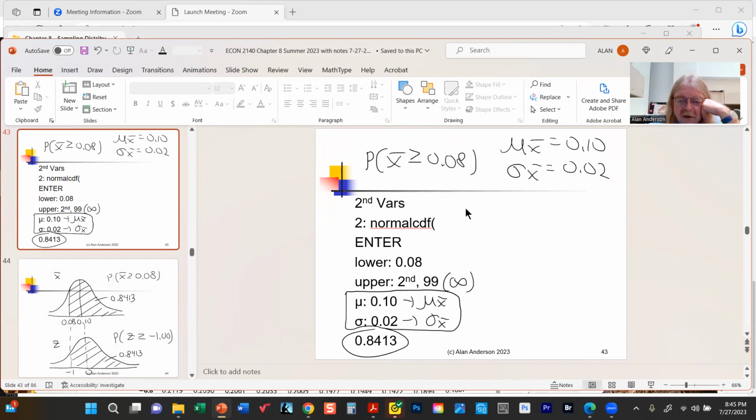You're still calculating a normal probability. And here I've got 8% for the lower limit, positive infinity for the upper limit. The mean of X bar is 10%. The standard deviation, or standard error, is 2%. And I get the same probability that I did with the table, which is 0.8413.